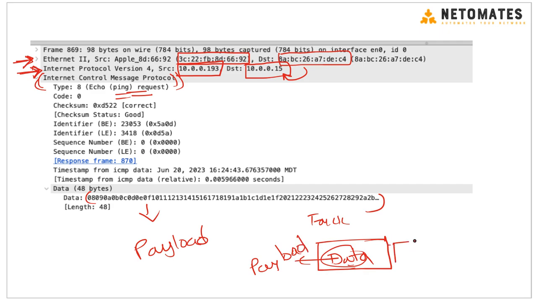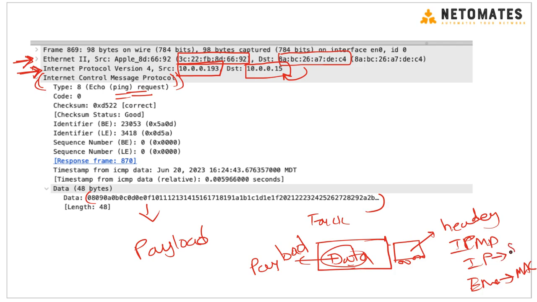And in the truck example you will have the engine, so these are the headers. In this example you have ICMP, IP and Ethernet. At the Ethernet layer you have the from MAC address and to MAC address. At the IP header you have the source IP address and destination IP address. In ICMP you have some details about the request. In this case it is a ping request. Okay.